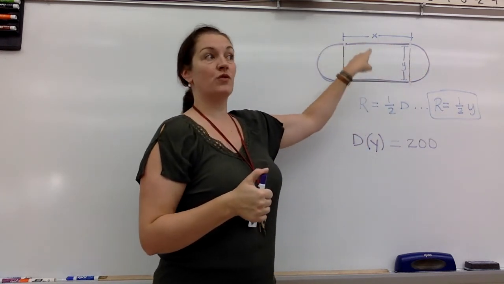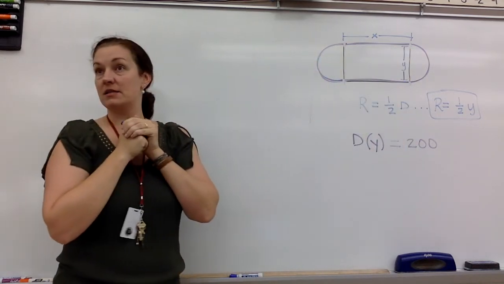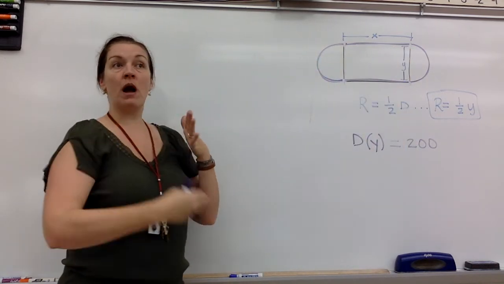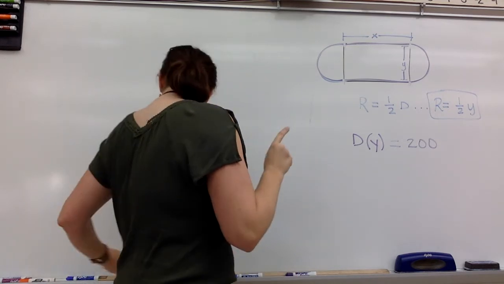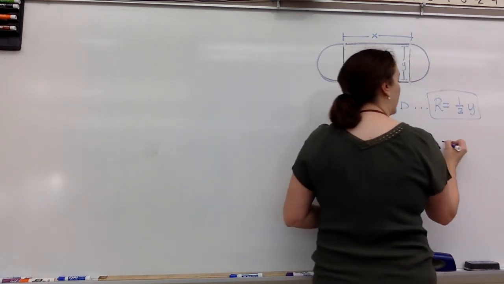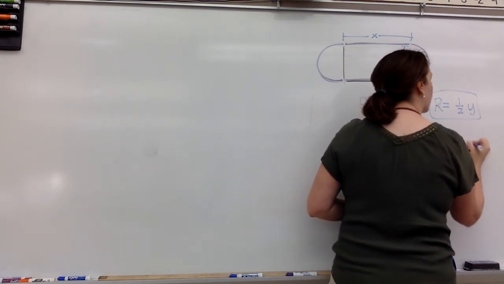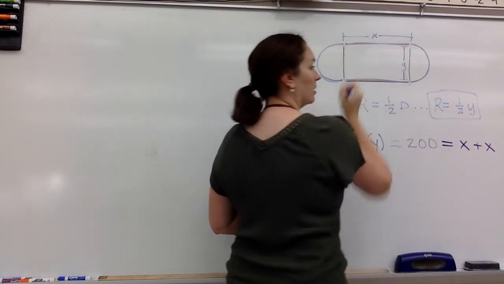What does it say in my drawing is the length from here to here? X, right? So out of that 200, I need to symbolically say, okay, I got that. Out of 200, I know that I have to run X plus X here and here.